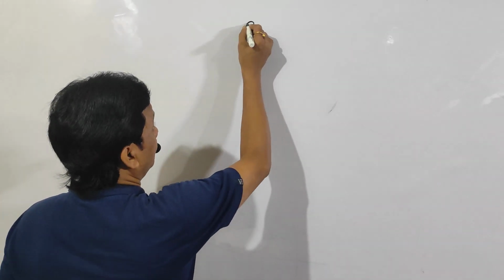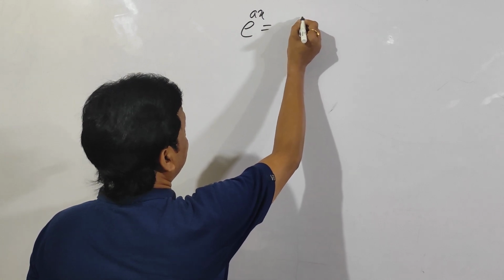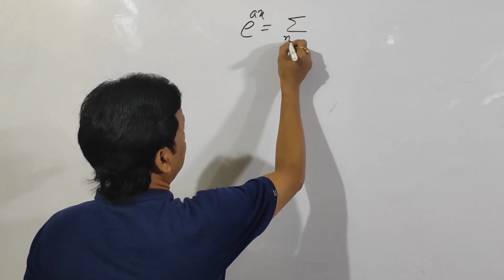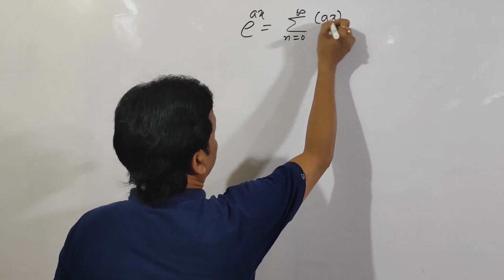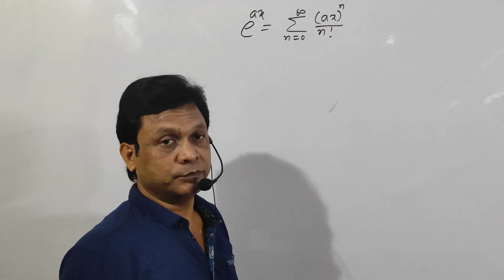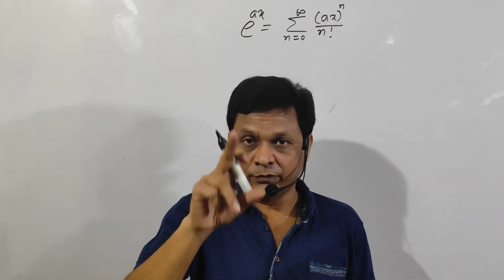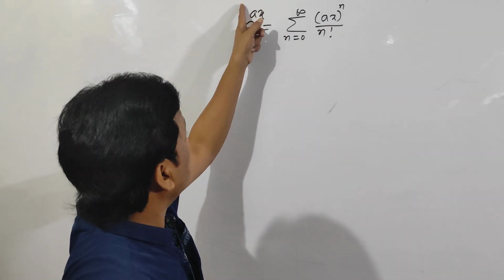I have told you e to the power ax is equal to, I have given the formula, summation n is equal to 0 to infinity, (ax) to the power n by factorial n. The power is ax.